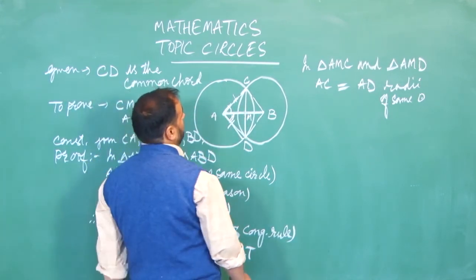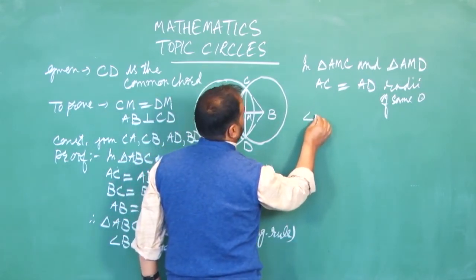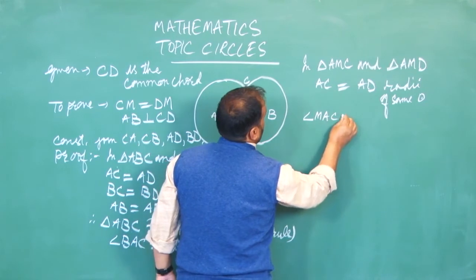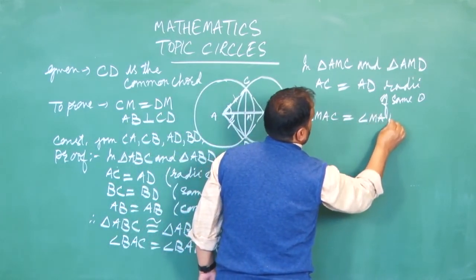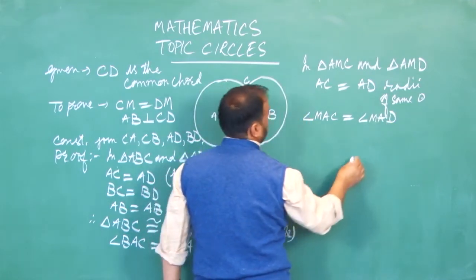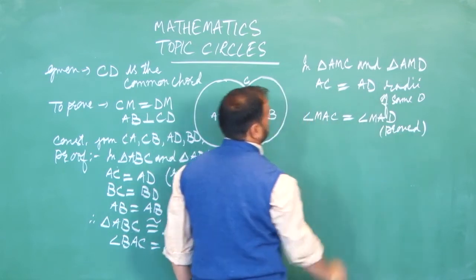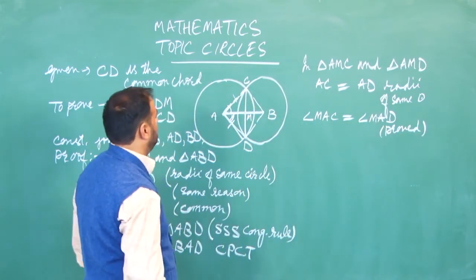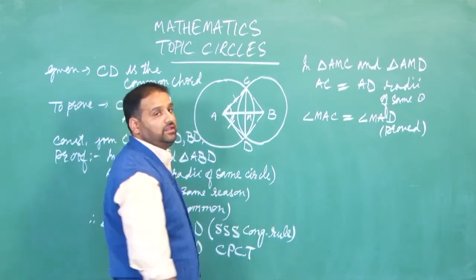The vertex of the angle remains the same, so there is no harm in writing MAC equal to angle MAD, which is proved above. We have already proved MAC or BAC are the same angles because they contain the same vertex with same magnitude.